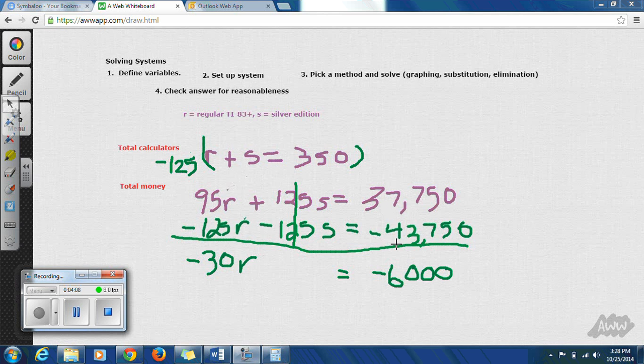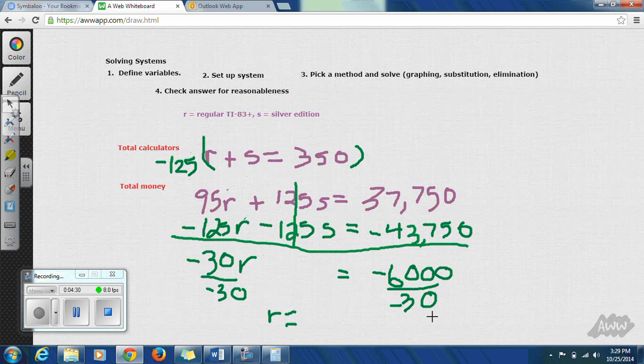37,750 minus 43,750 gives me a negative 6,000. Now, if I divide both sides by a negative 30, R, the regular number of calculators, should be 6,000 divided by 30, which is 200.